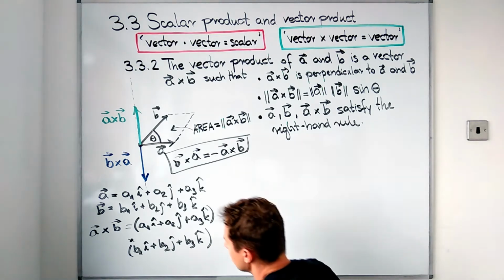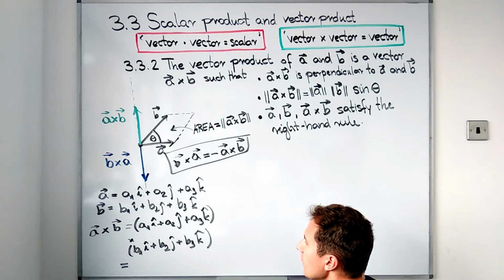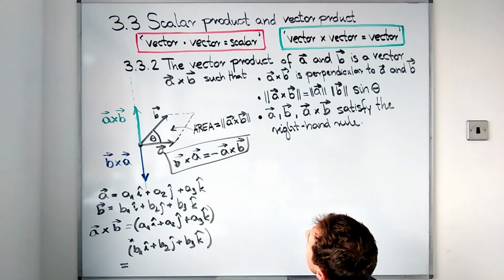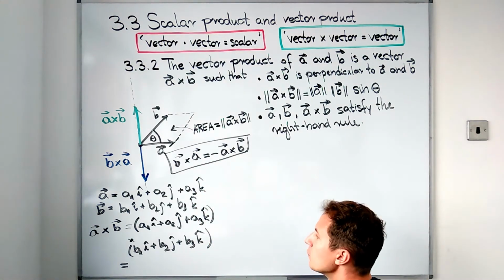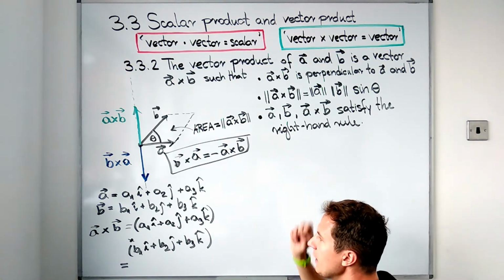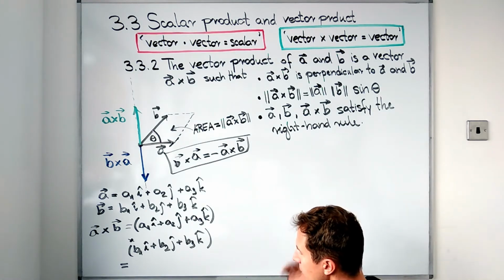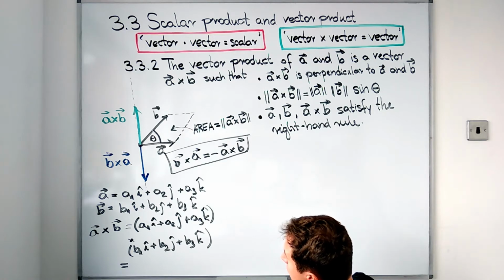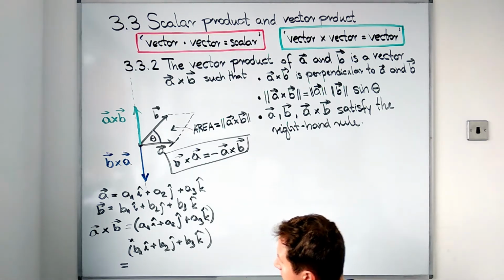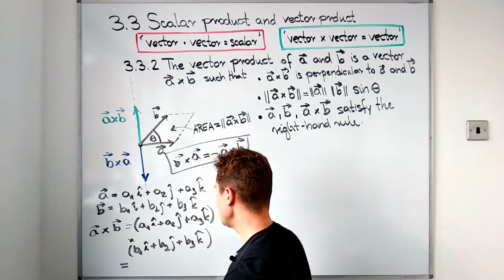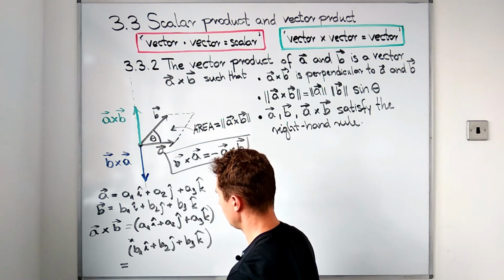And when we do that, again, we'll get 9 terms, but in contrast to the scalar product, in which we had only 3 terms surviving, the rest were 0. Now we have 6 terms surviving, and it's the 3 terms that are going to become 0.